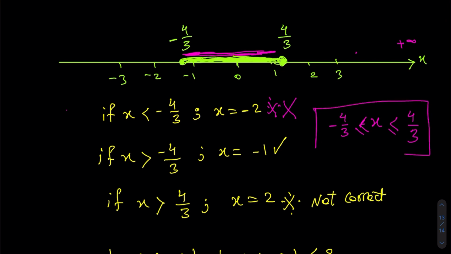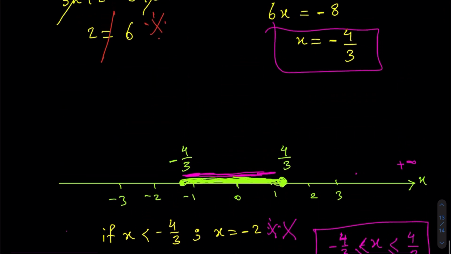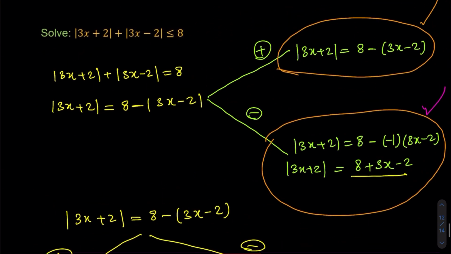So this is the final answer of this inequality. So the value of x must be between negative 4 over 3 and positive 4 over 3. So this is the answer for this.